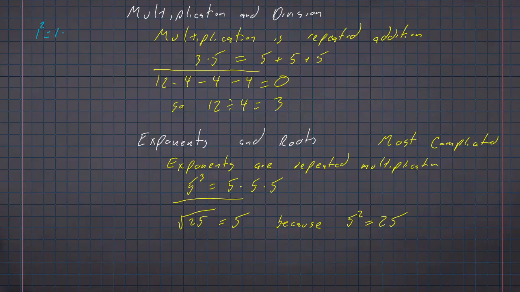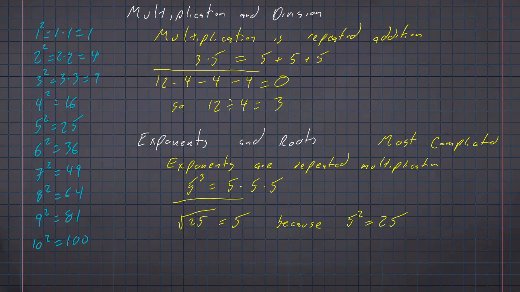Right? 1 squared, which is 1 times 1, is 1. 2 squared, which is 2 times 2, is 4. 3 squared, which is 3 times 3, is 9. 4 squared is 16. 5 squared is 25. 6 squared is 36. 7 squared is 49. 8 squared is 64. 9 squared is 81. 10 squared is 100. 11 squared is 121. 12 squared is 144. You can keep going if you'd really like, but I think that's probably far enough.